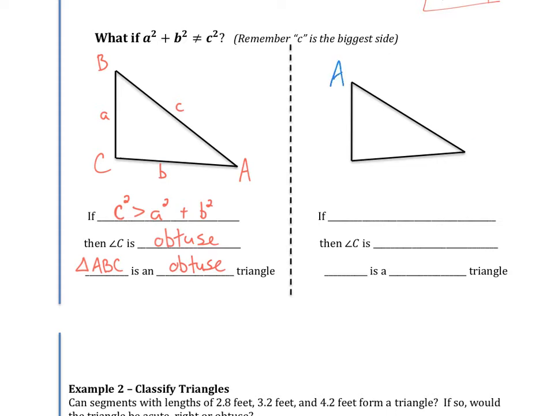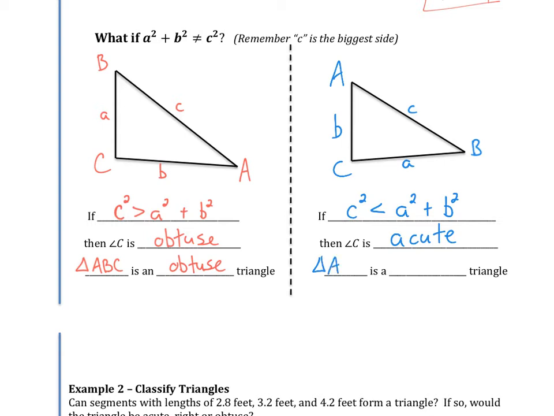Okay, we do the same thing on the right side. What if c squared is less than a squared plus b squared? So c squared is smaller than a squared plus b squared. What that would mean is that angle C is acute.